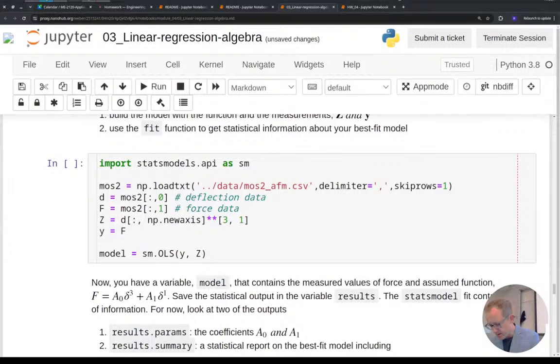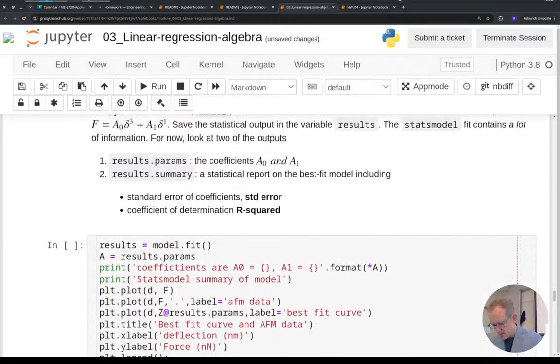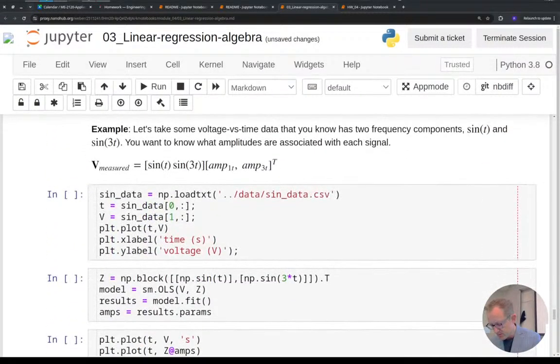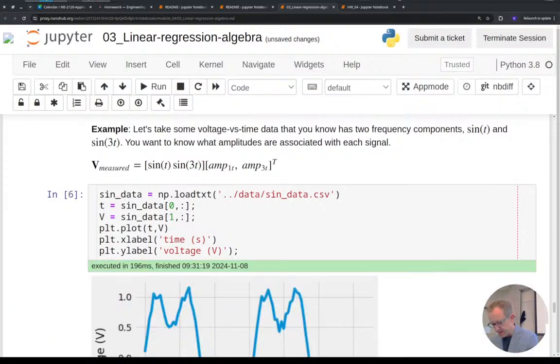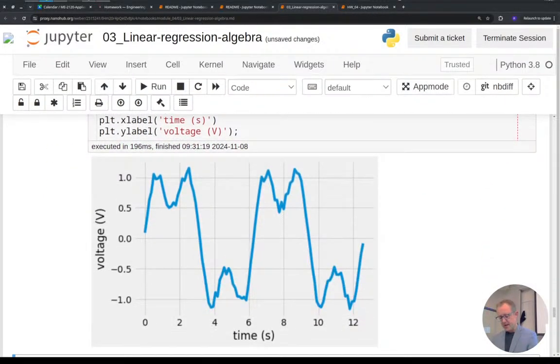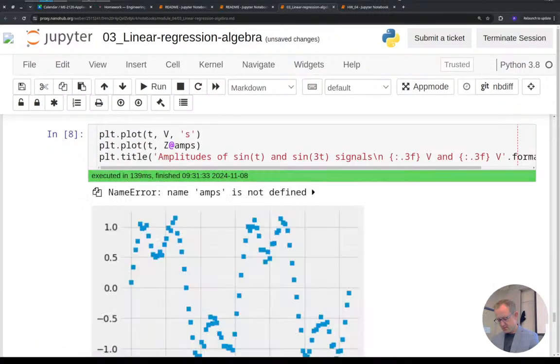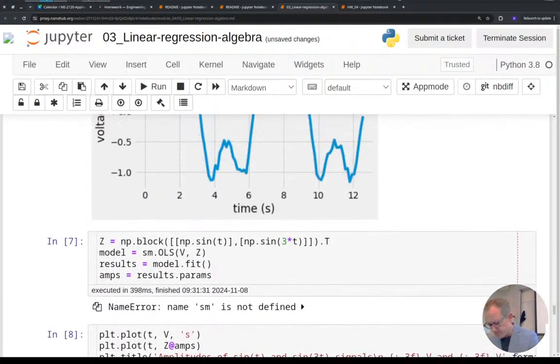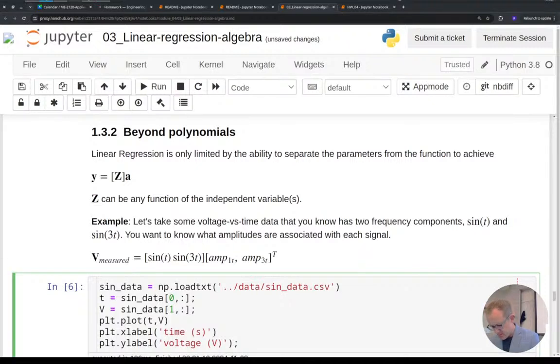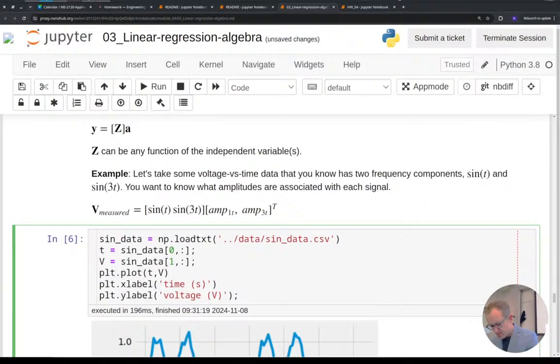And this one is also polynomials, but in this case there's sine wave kind of stuff. We know it looks like sine waves, we just don't know what the total amplitude of those sine waves are. Then how do you go about making your Z matrix if you don't know that it's a simple second degree polynomial?